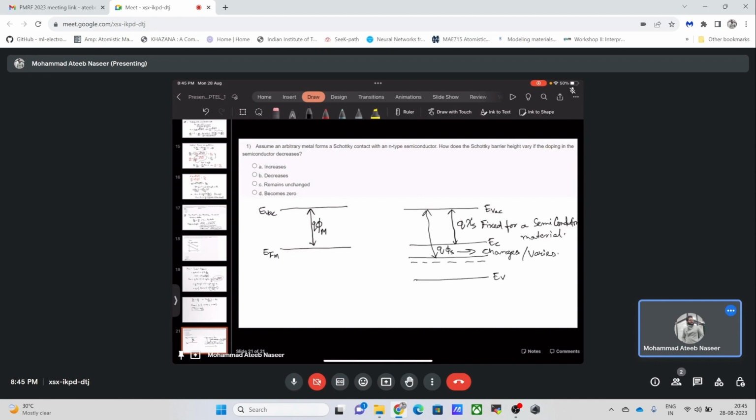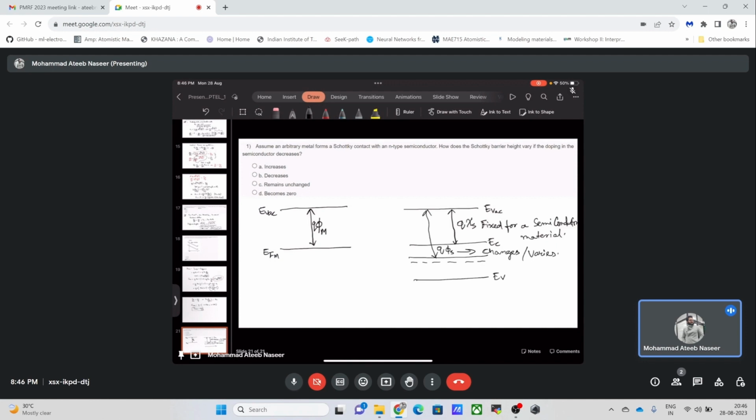So when drawing the Schottky metal contact, we had clearly seen yesterday, I have told you people, as a home assignment, to draw these metal semiconductor contacts for different conditions.